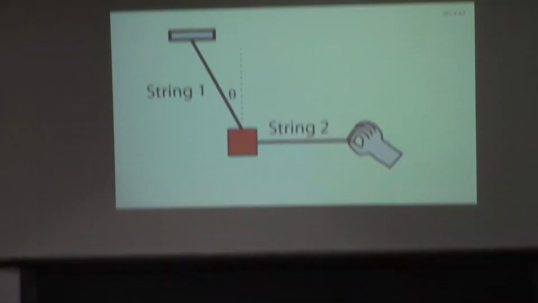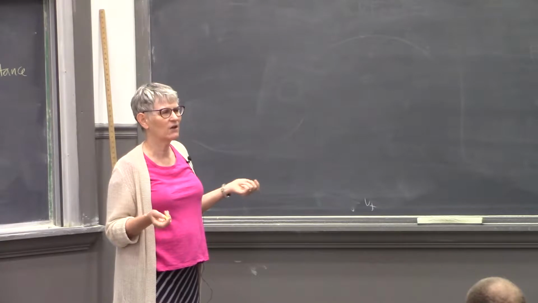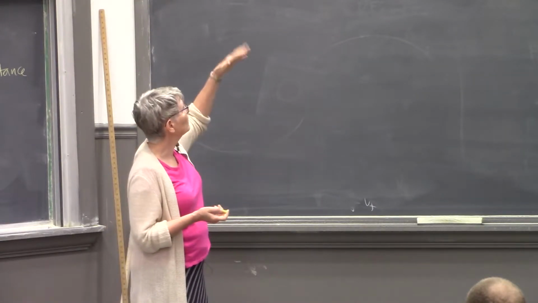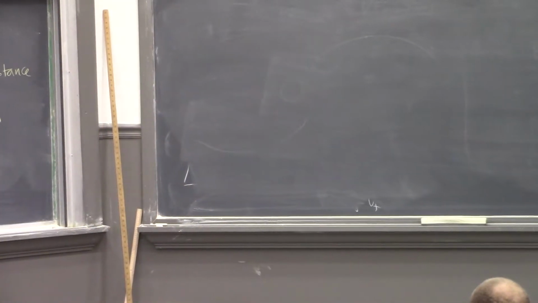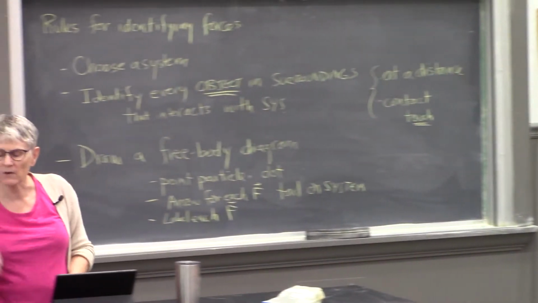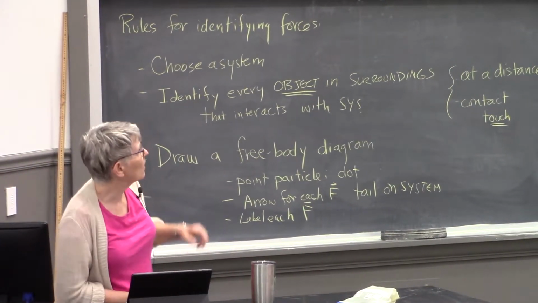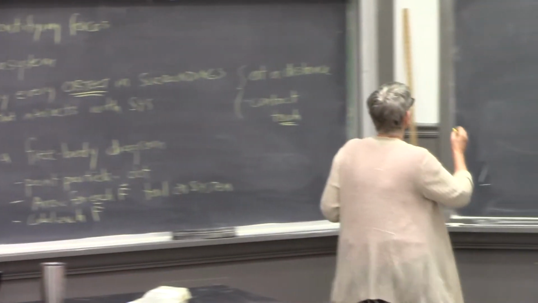And a lot of these problems are designed so that there's an angle that's given, and so we're going to have to use direction cosines to get components of things. Okay? So this is our situation. We're going to choose the block as the system.